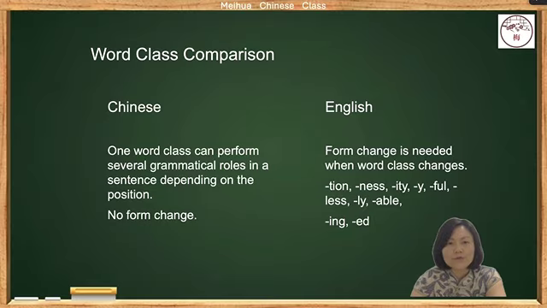Okay, we've learned about the five types of Chinese words. I think we may already get some idea about the difference between the Chinese language and the English language. And then I want to mention one very important rule in grammar, that is about word classification.